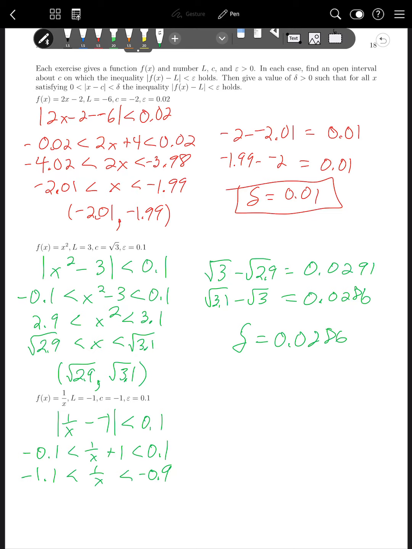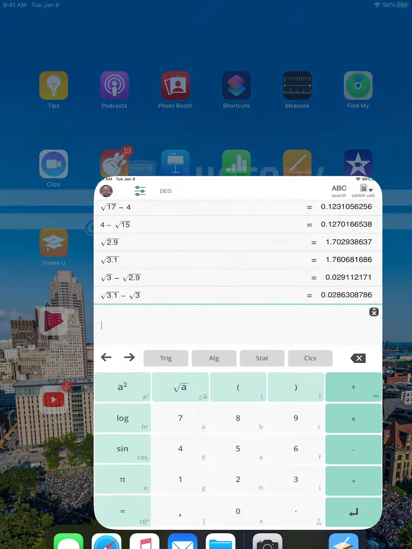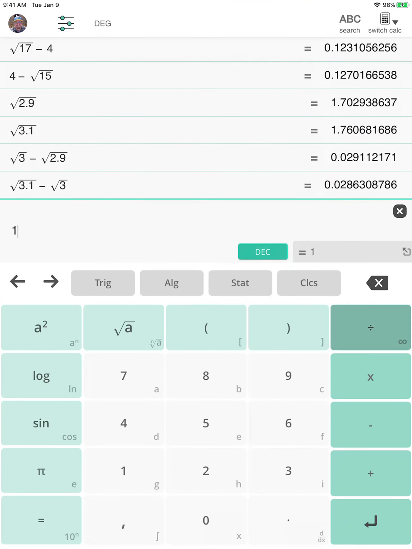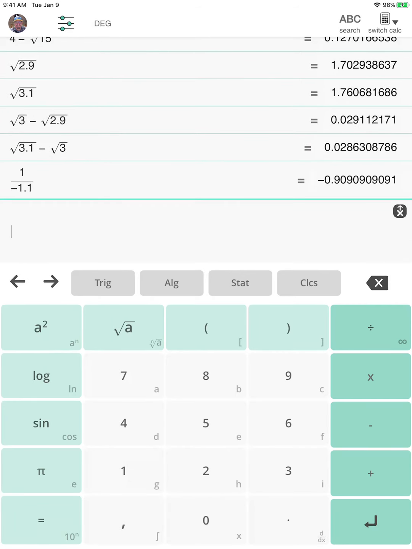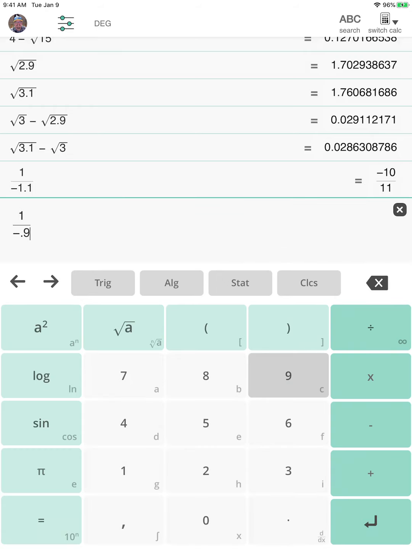And then what you have to do is you need to take the reciprocal of everything to flip all of these over. Okay, so we want to take the reciprocal of negative 1.1. So that's 1 divided by negative 1.1, which is, and you may want to use this as a fraction, maybe easier, so it's negative 10 over 11. And then the other one is 1 divided by negative 0.9.